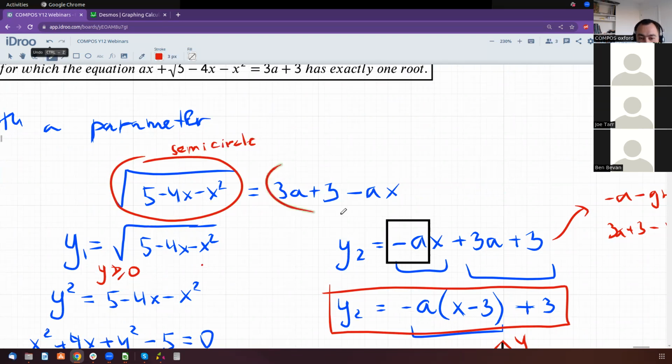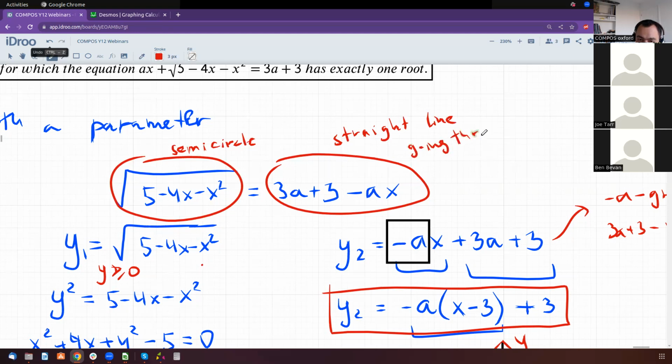And this is a straight line going through 3, 3 with gradient minus a.